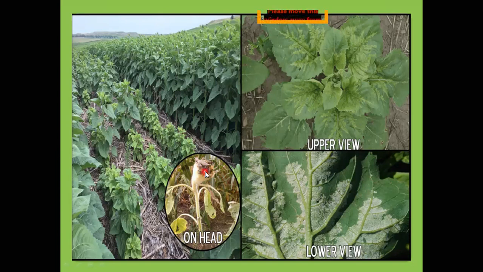Sometimes they are sterile, or sometimes only a few grains are formed in these infected flower heads, or no grain is formed at all.